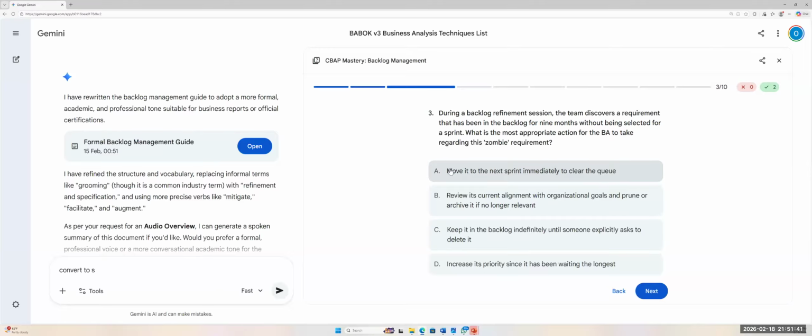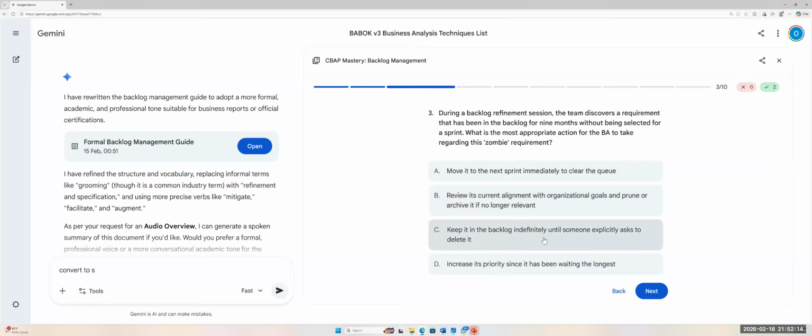Now, next one. During a backlog refinement session, the team discovers a requirement that has been in the backlog for 9 months without being selected for a sprint. What is the most appropriate action for the BA to take regarding this zombie requirement? Moving it to the next sprint immediately to clear the queue. Review its current alignment with organizational goals and prune or archive it if no longer relevant.